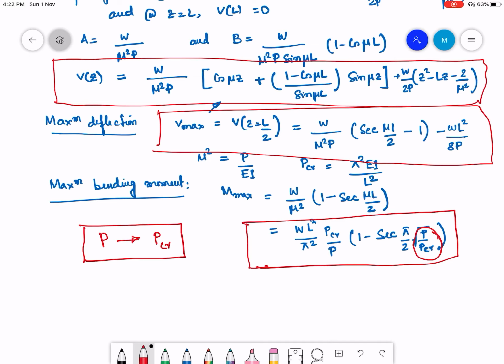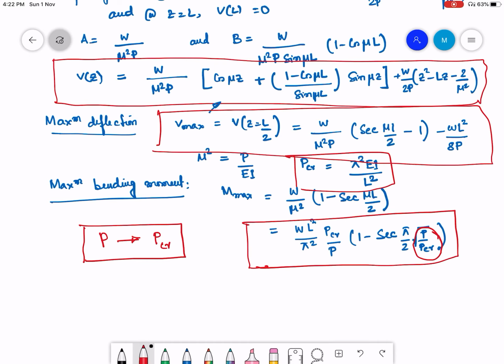What I'm trying to say is that as the applied axial compressive load P approaches the P critical for a pin column, which is given as pi square EI by L square, the value of the maximum bending moment, as you can see from the expression we have derived, is going to approach a very large value.